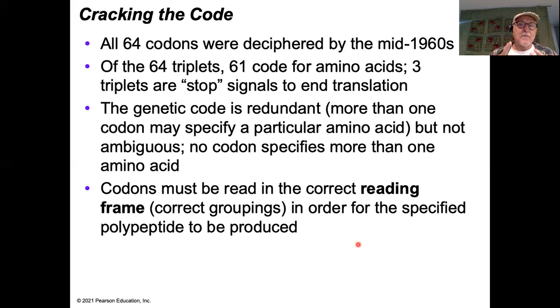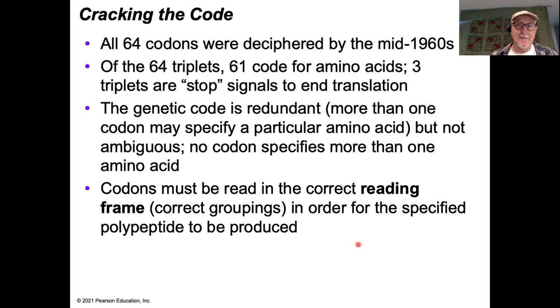So in actual fact, a single amino acid may be coded for by several different codons. We say that because of that, the code is redundant. Sometimes you'll see it called degenerate. So a single amino acid may have several different codons that code for it.